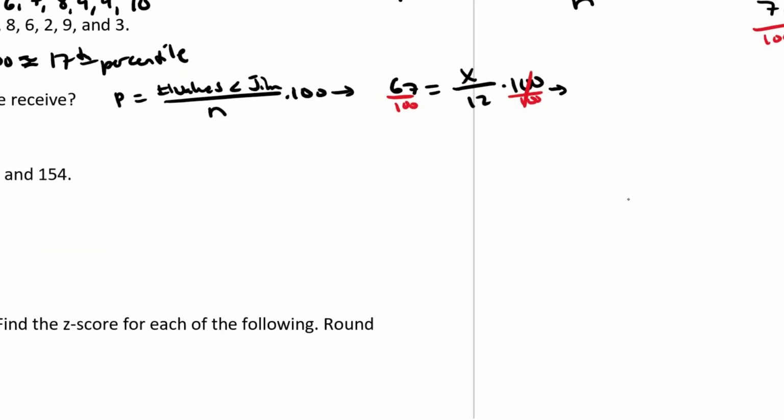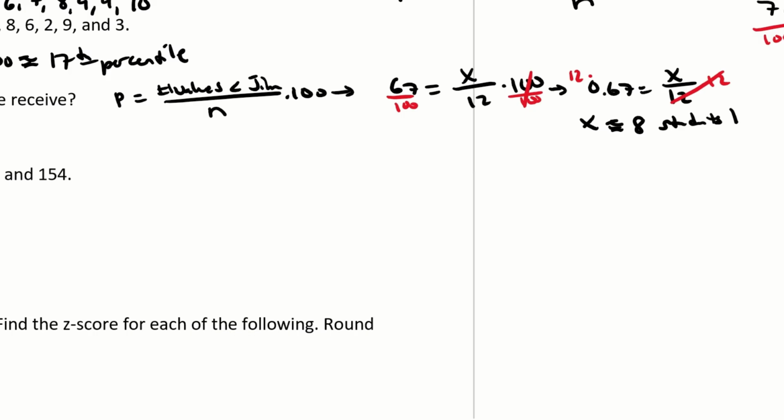So we get 0.67 equals x over 12. Multiply both sides by 12, and we get x is equal to approximately, if we were to round it, 8 students.